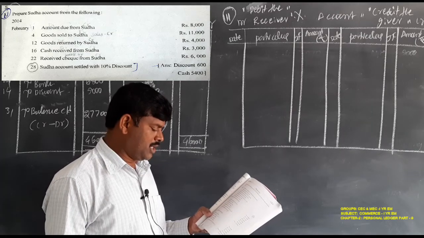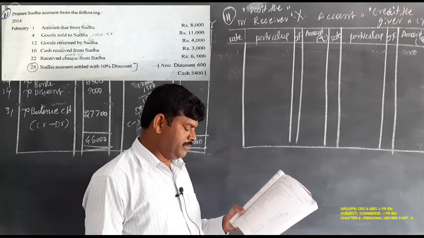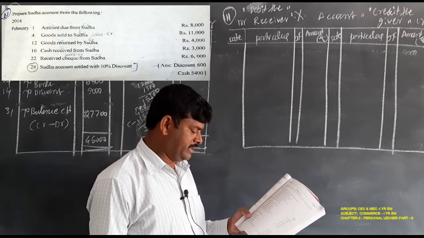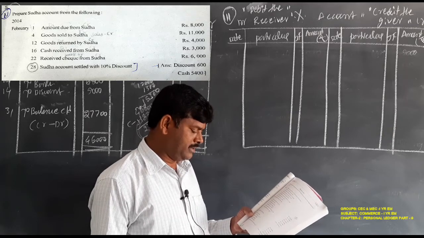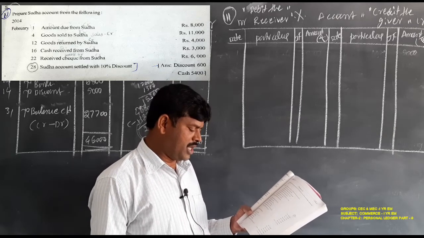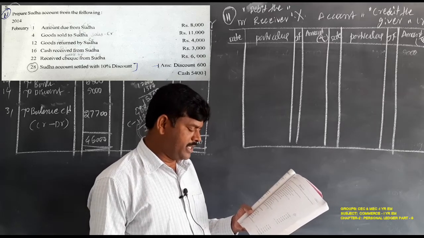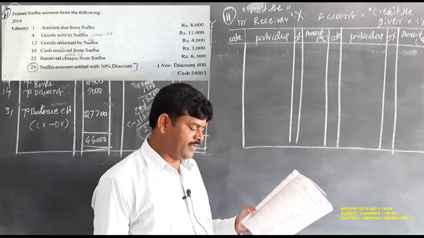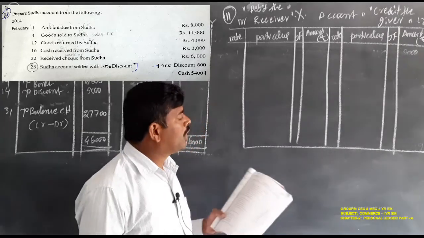Sold goods to Sudha, it is debit side. Goods returned by Sudha, it is credit side. Cash received from Sudha, it is credit side. Received check from Sudha, it is credit side. Okay. Final transaction, Sudha account settled with 10% discount. This is the problem.